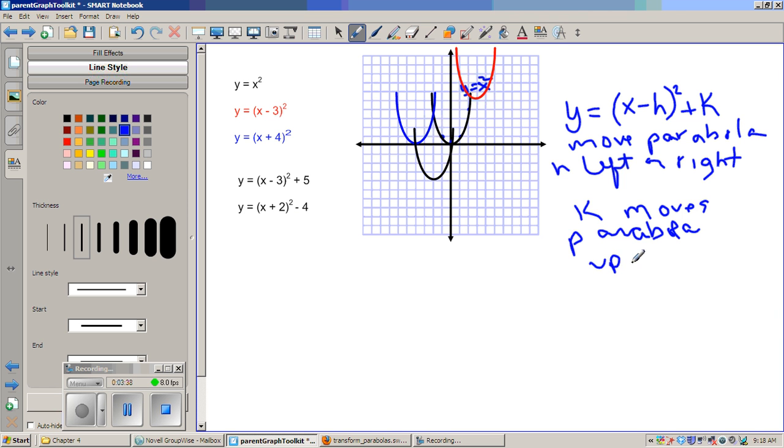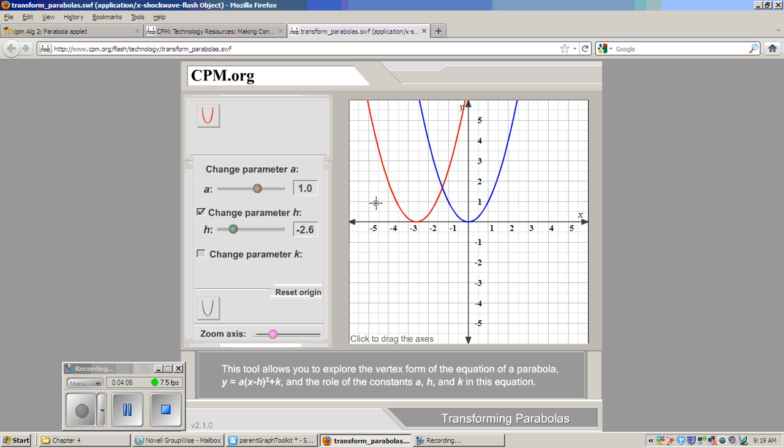And then we played around with what happens if I change, instead of, like here I always have a 1x squared, or a 1 times x minus 3, 1 times x plus 4 squared, 1. So then we talked about what happens if I change that value before. And I think the best way to show what happens is if we look at this.